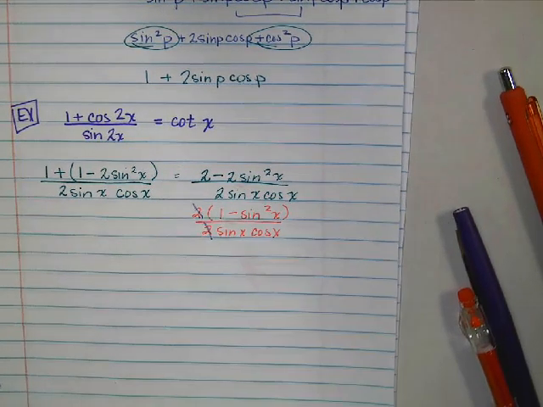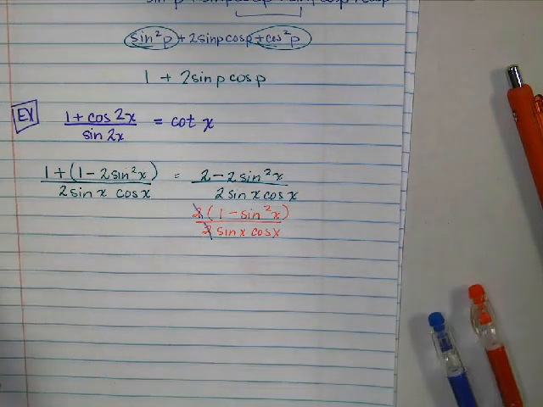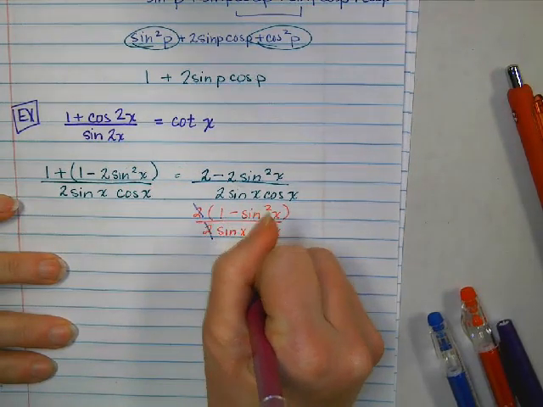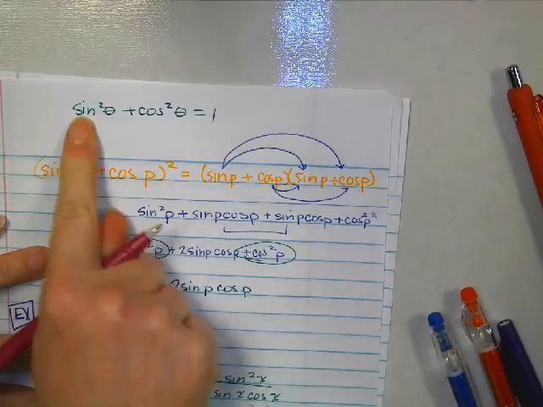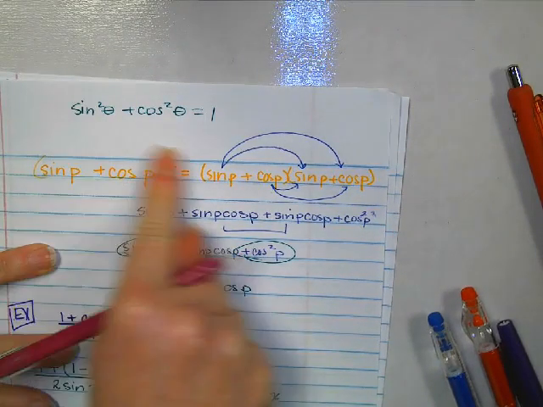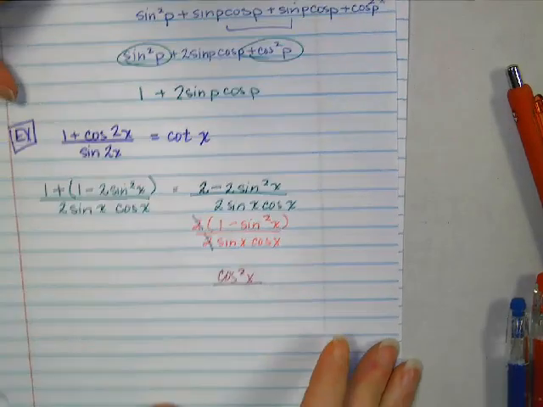Now, anytime you see a trig value squared and a 1, it's one of your Pythagorean identities. Yes, the top is going to be cosine squared x, because it is this identity rearranged. They just moved the sine to the other side, and that's where you get minus sine squared.